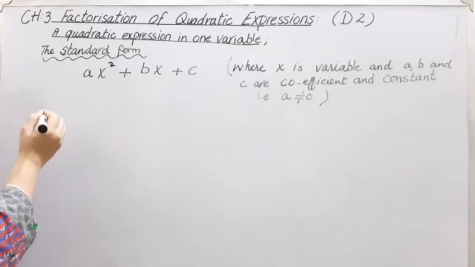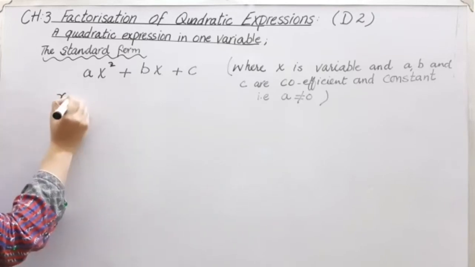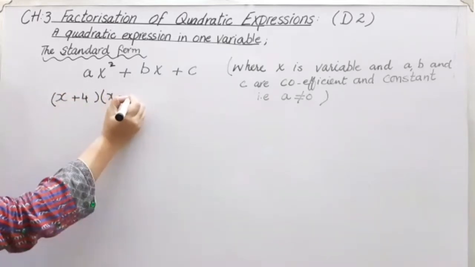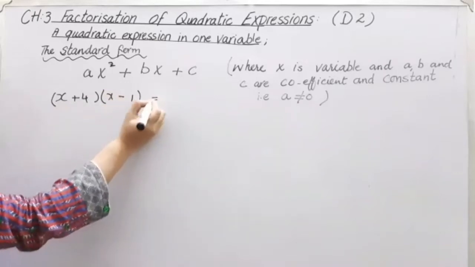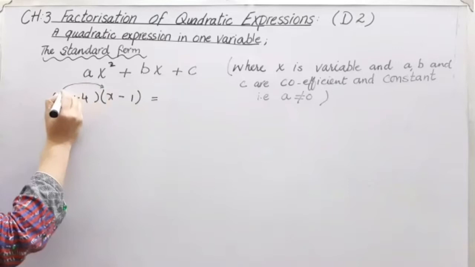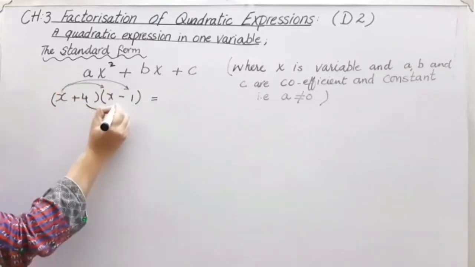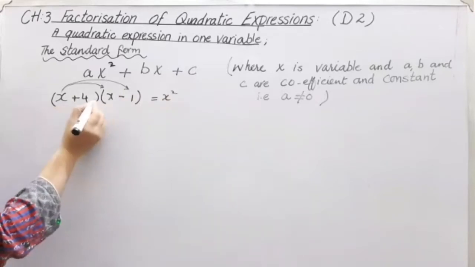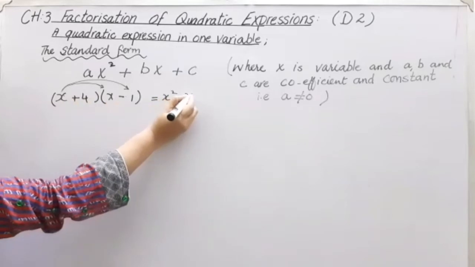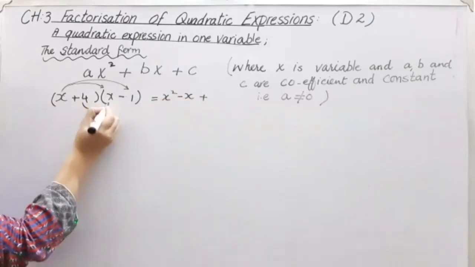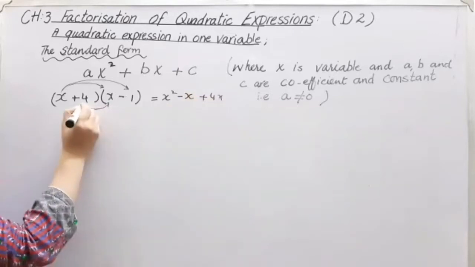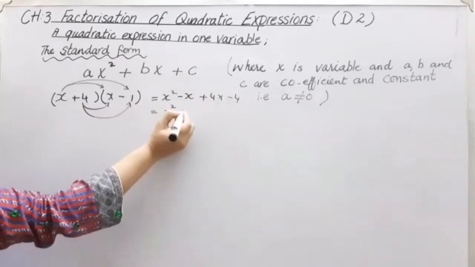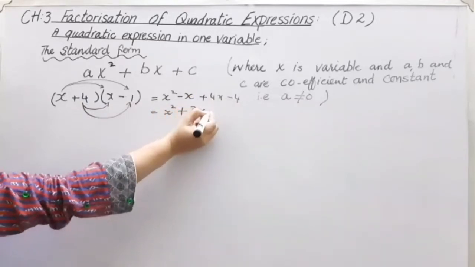For example, in the previous lesson you did x plus 4 times x minus 1. You do the expansion of these, just like first x square minus x plus 4x minus 4, and we solve it easily: x square plus 3x minus 4.